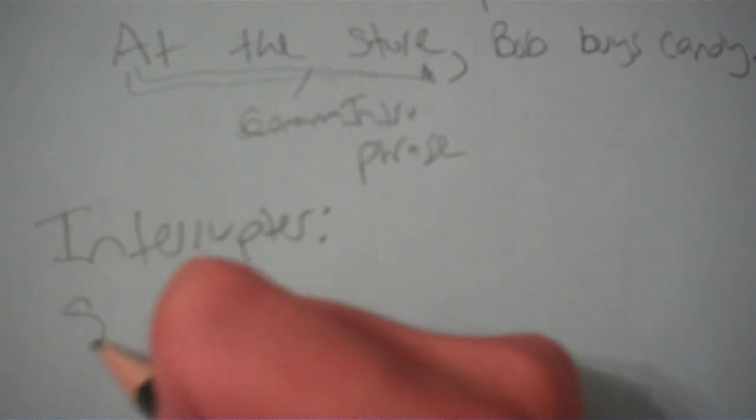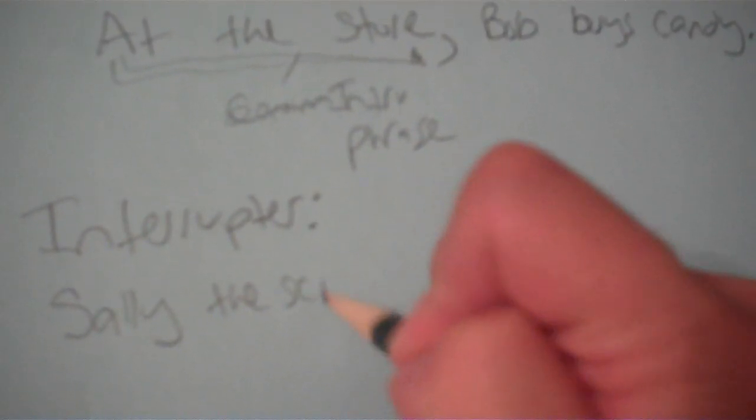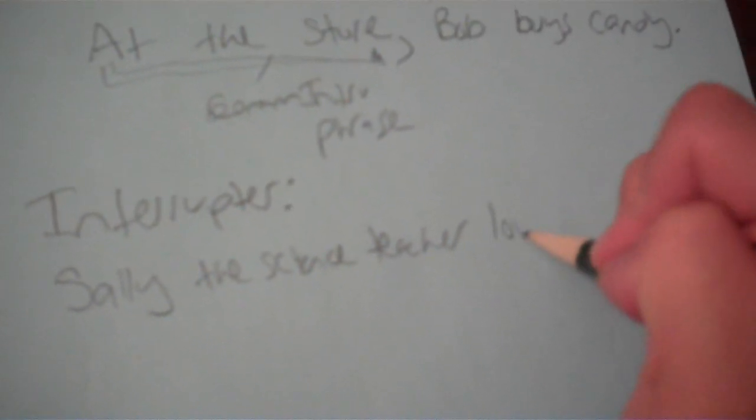So for example, if I had a sentence like, Sally, the science teacher, loves art. So again, an interrupter is a word or a group of words that interrupts the flow of a sentence and it's not necessary to the sentence.